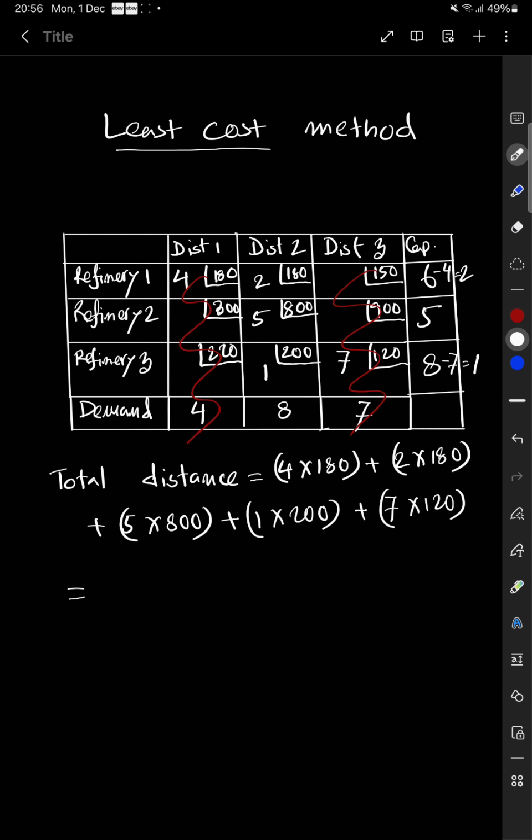It gives us 6,120, and this is actually still the same value that we found in northwest corner.